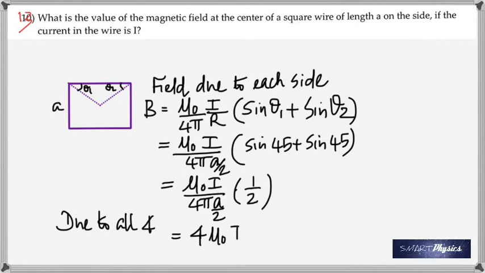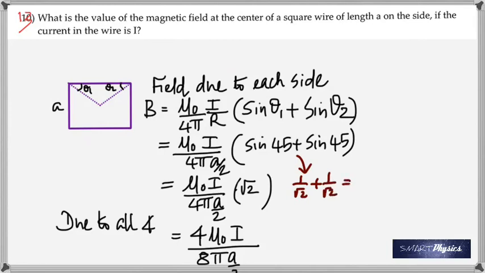Actually it is 1 by root 2 plus 1 by root 2, which is root 2.